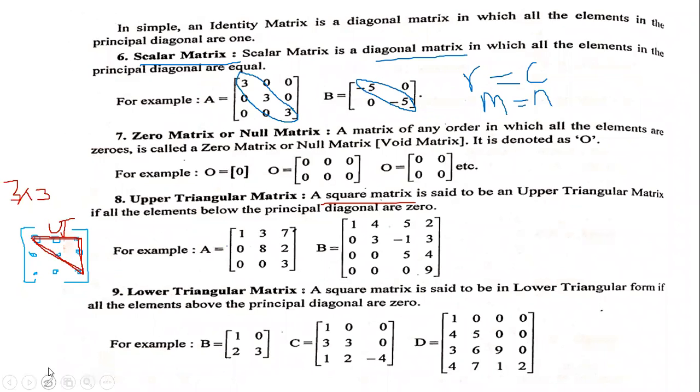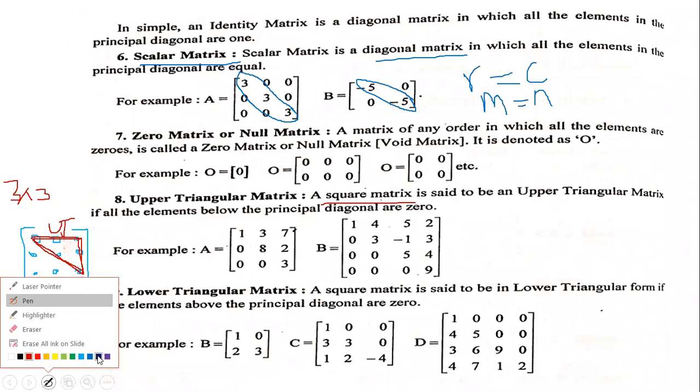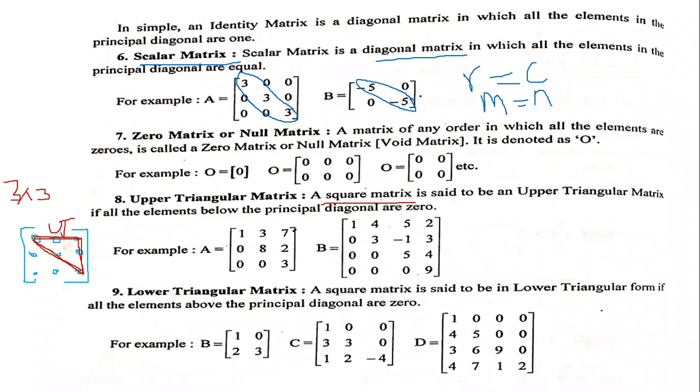So this is called the upper triangle. Now similarly, if I draw a triangle to the other side, onto the lower part of the matrix, this is called the lower triangle matrix. So the first half is called upper triangle matrix, the second half is called lower triangle matrix.